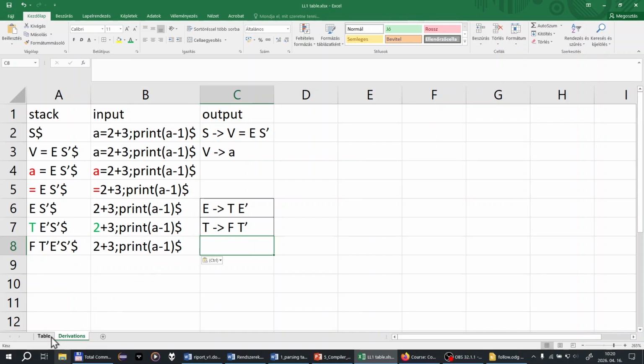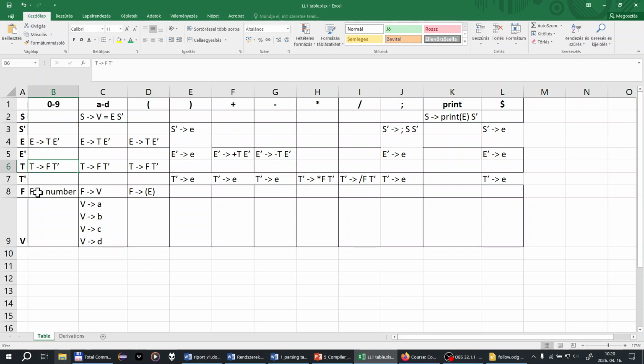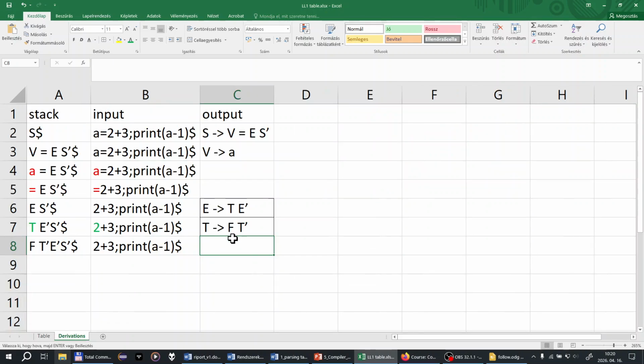Okay, let's see what we have for the F and the number. It is F and number. So we substitute F by the number, so we have here like these two. And this one here.